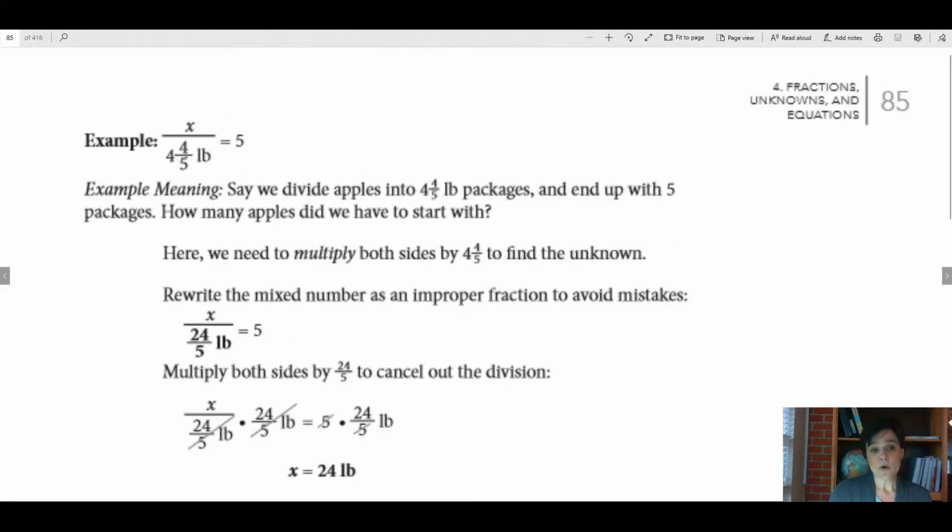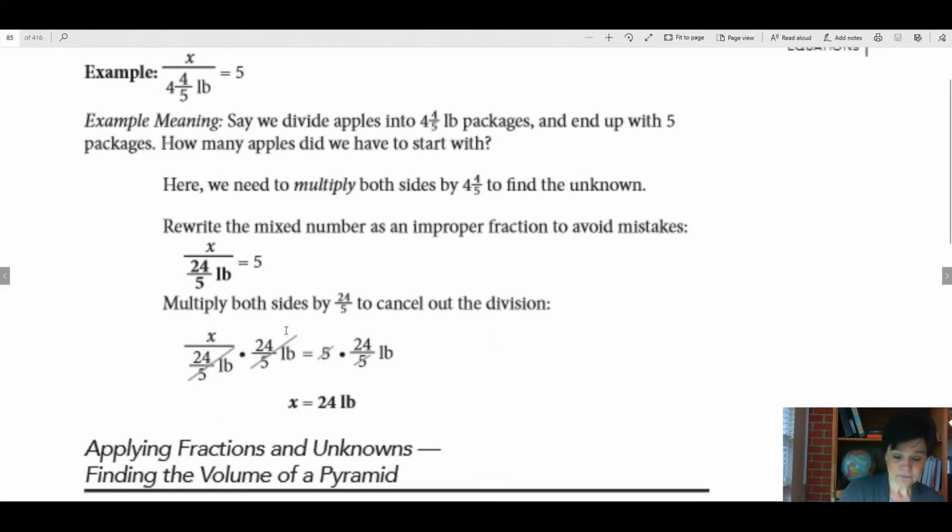So basically, you'll want to change this mixed number into an improper fraction. Remember, you do that by saying 5 times 4 plus 4, which gives you 24/5. You always want to remember that when you're working with division and multiplication and mixed numbers, you'll want to change those into improper fractions. It makes it easier to work with. Now what you're going to do is multiply, because this is division.